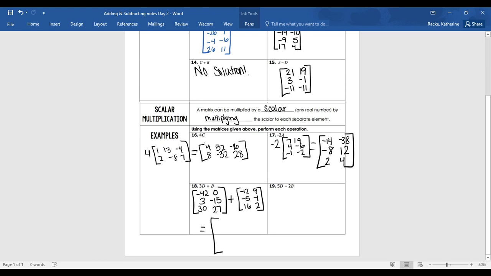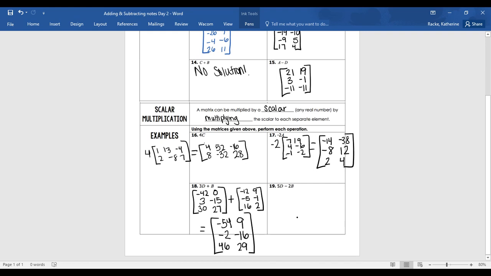So negative 42 plus a negative 12 gives me negative 54. 0 plus 9 gives me 9. 3 plus a negative 5 gives me a negative 2. Negative 15 plus a negative 1 gives me negative 16. 30 plus 16 gives me 46. 27 plus 2 gives me 29.